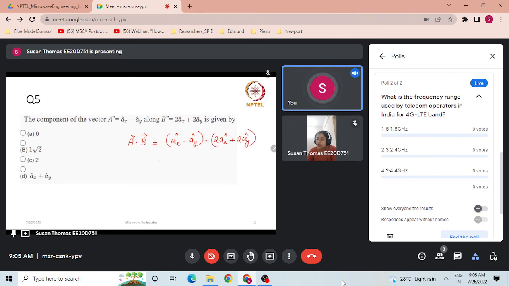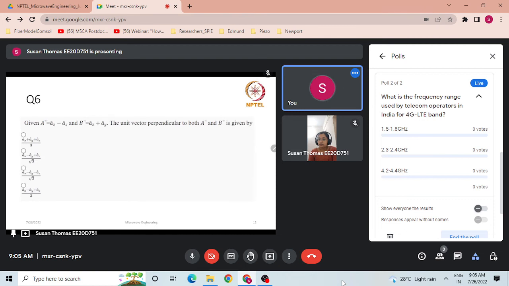So when you take a dot product, you get 2 minus 2, which is equal to 0. So component of vector A along vector B is 0. So answer is option A.